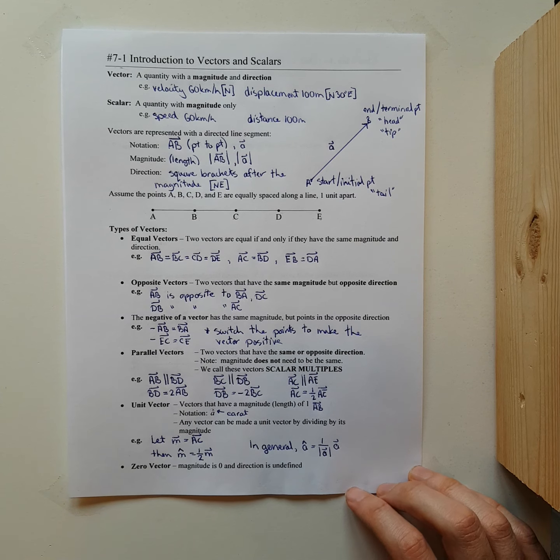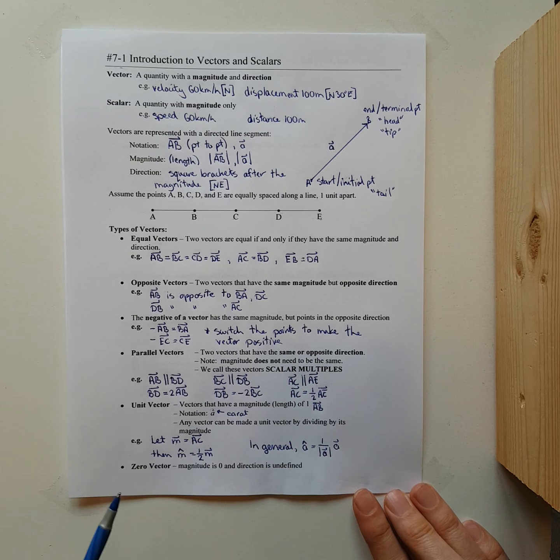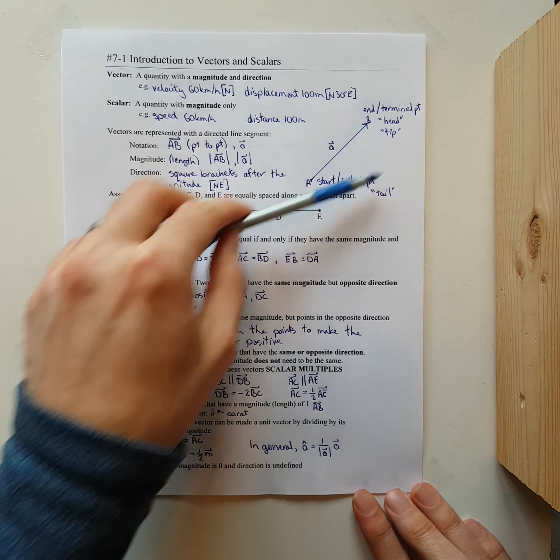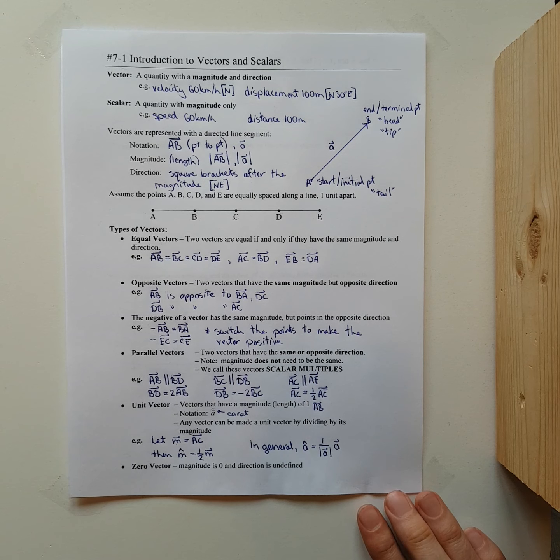Lastly, I have here the 0 vector. I can't demonstrate that on our diagram very easily, but a 0 vector is just any vector that has a magnitude of 0 and its direction is undefined. It doesn't necessarily make a whole lot of sense when we're trying to represent something like this here, but in terms of doing some algebra, it's important that we have that vector defined.